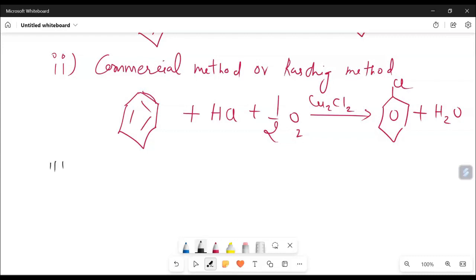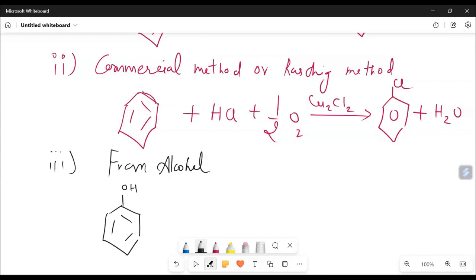The third method we are going to use is from alcohol. That's again the easiest method. Just take phenol and add PCl5 to it. Heat it up.